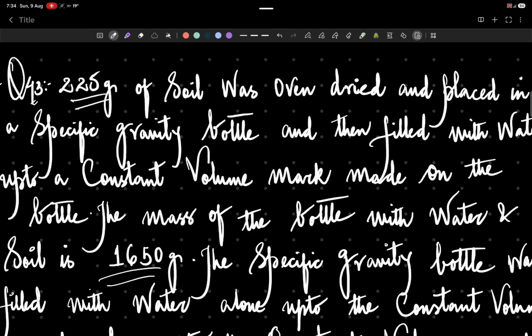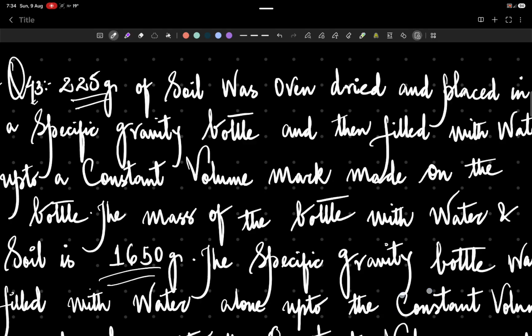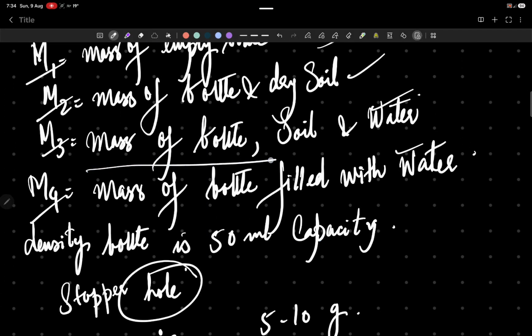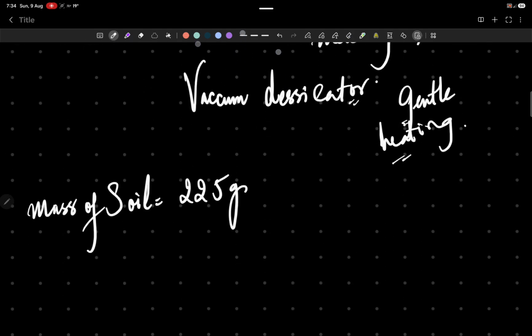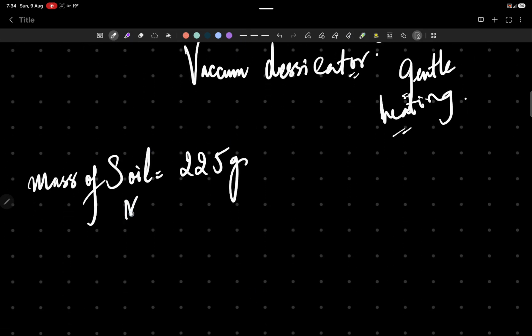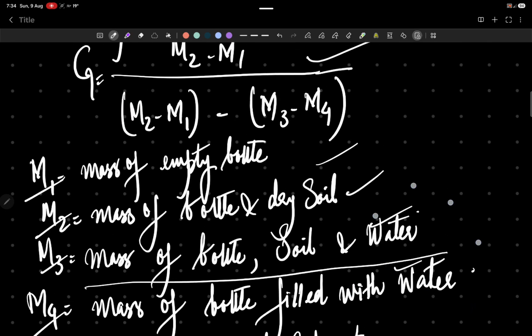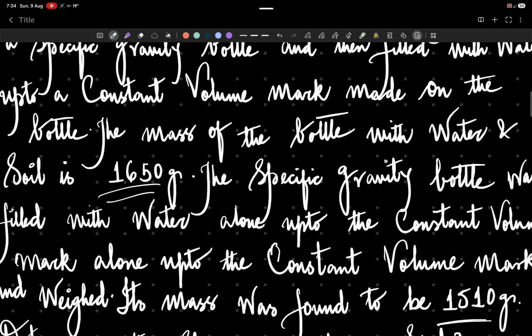The mass of the bottle with water and soil is 1650 grams. So my M3 is 1650 grams, the mass of the bottle with soil and water.